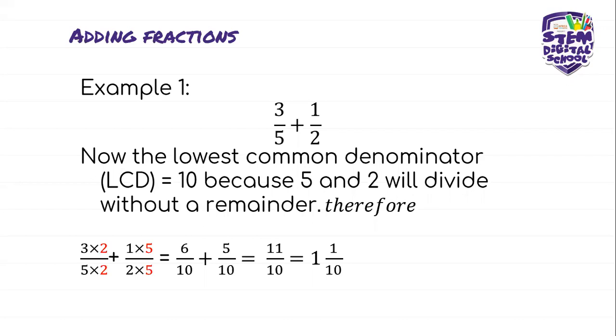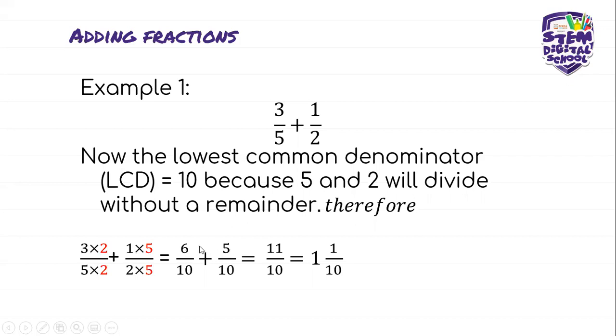So now that the denominators are the same, then by all means, you can add your numerators. Nothing stops you now from adding the numerators now that the denominators are the same. So as I've said, if you have got the common denominator in the fractions, then you can simply add the numerators.